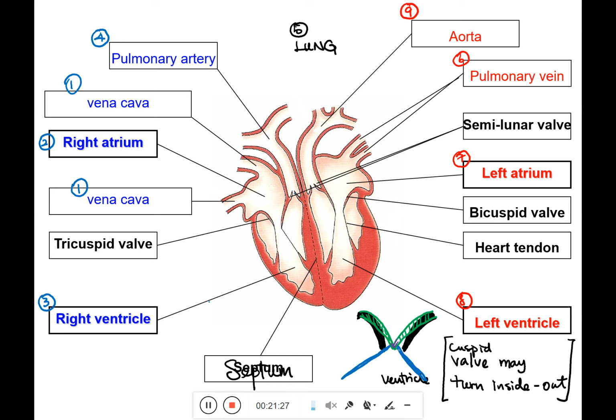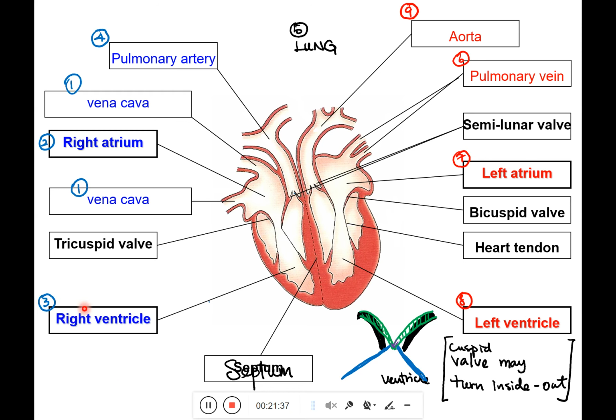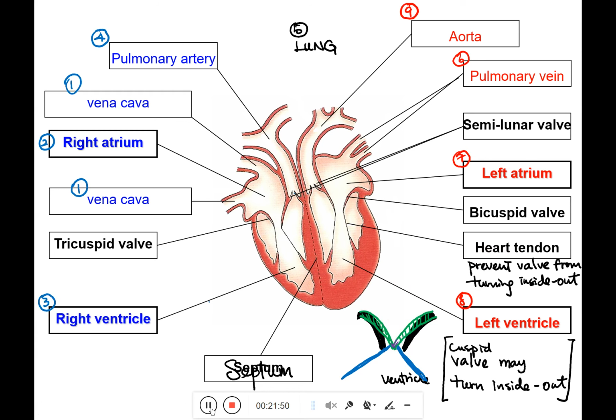So imagine the string will hold the valve so that even if there is a very great pressure acting on the valve, it can hold the valve in the correct shape so that it won't turn inside out. So this is the function of a heart tendon, to prevent the valve from turning inside out.